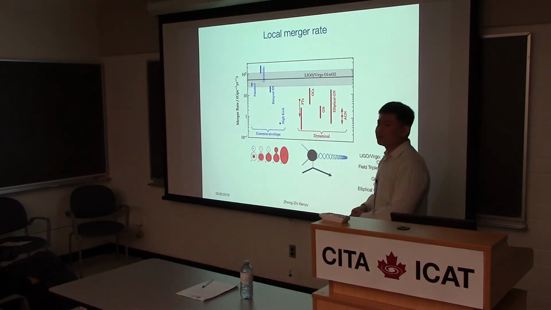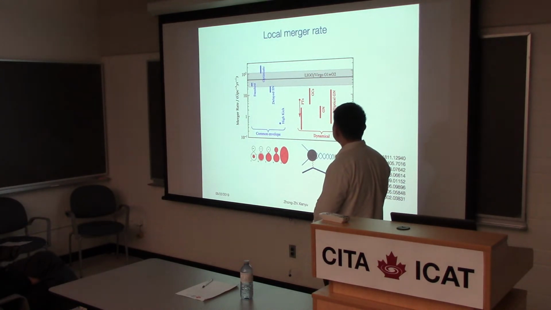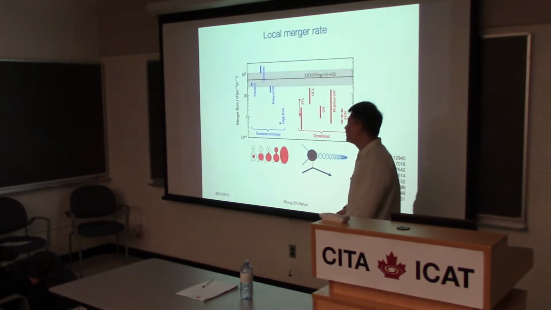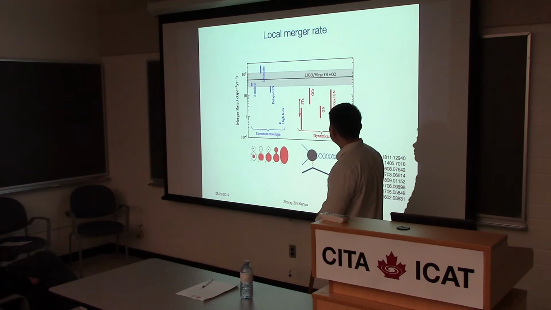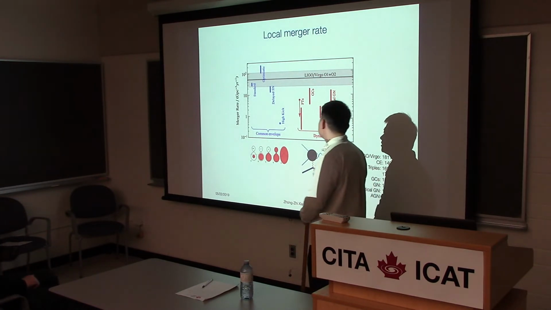And now with the LIGO O1 and O2 runs, this uncertainty has been reduced to within 1 order of magnitude, pretty impressive. And compared with this observation, we have the theoretical predictions from 2 channels.